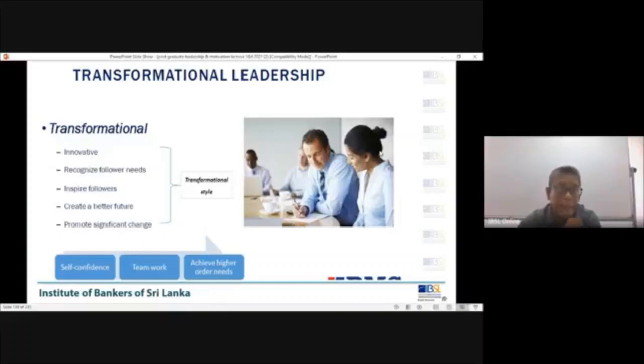When we summarize what transformational leadership is, it should be innovative, support innovation, recognize the follower needs, inspire followers, create a better future for your organization, promote change, as well as build self-confidence, teamwork, and achieve higher order needs.